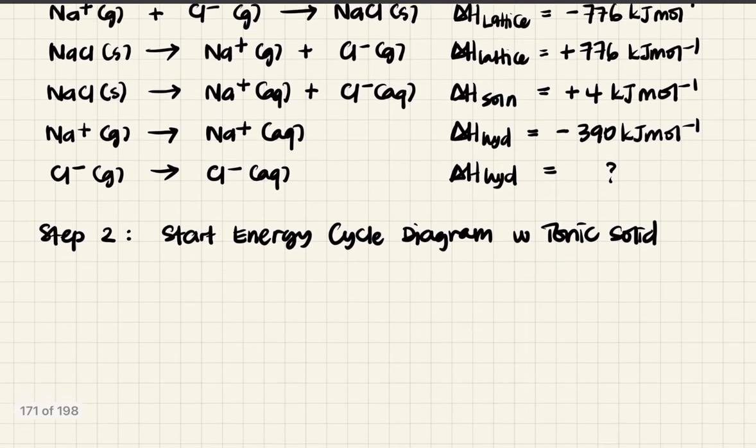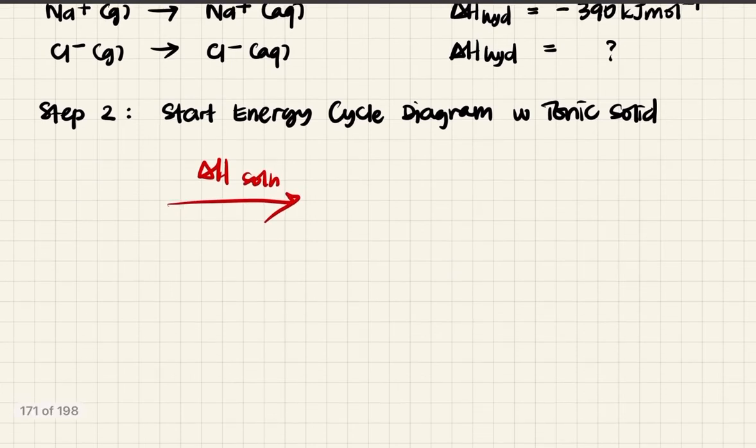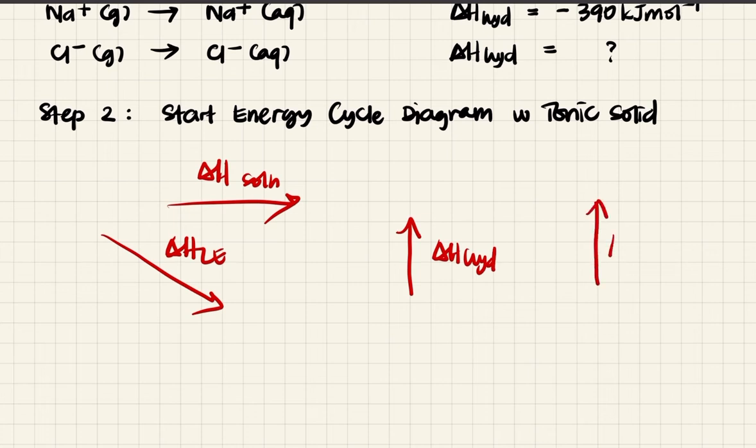I want you to draw your energy cycle diagram in this manner, where you have your delta H solution, and then you have your delta H lattice energy, and then you should have your 2 ions, delta H hydration, and another one, delta H hydration. This is the template that will look neat.